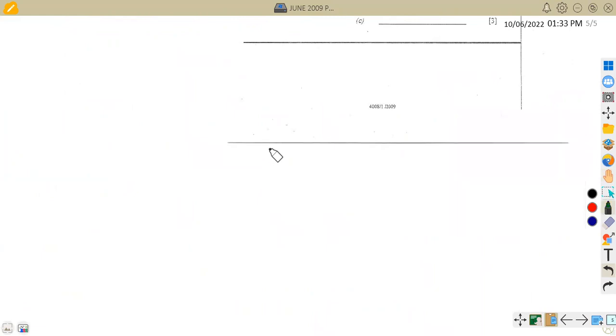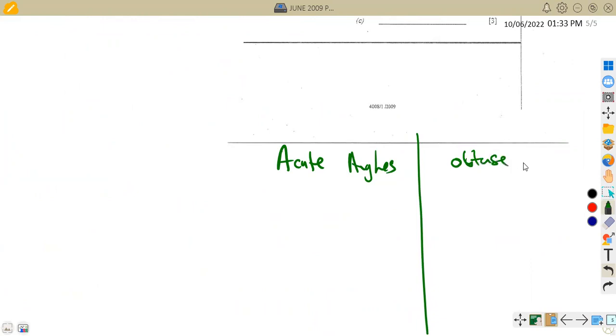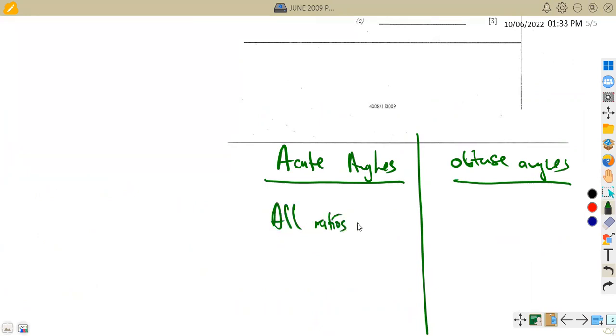Whenever we're dealing with acute angles, all ratios are positive. All ratios are positive, meaning sine is positive, cos is positive, tan is also positive.